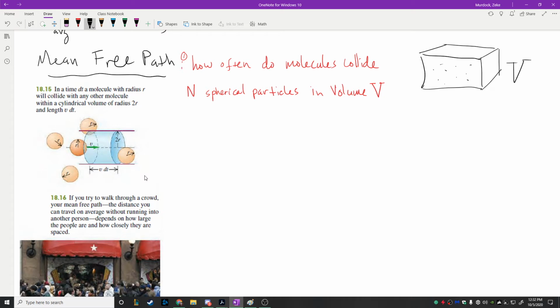The first thing we're going to do is assume that only one of the particles is moving, okay? This guy right here is going to be the one we assume moving.